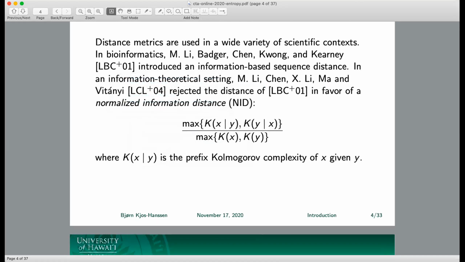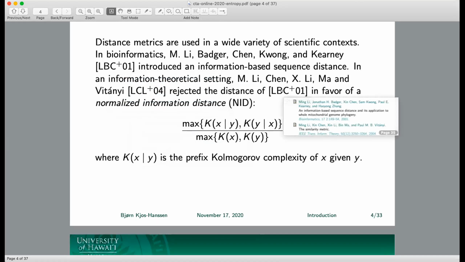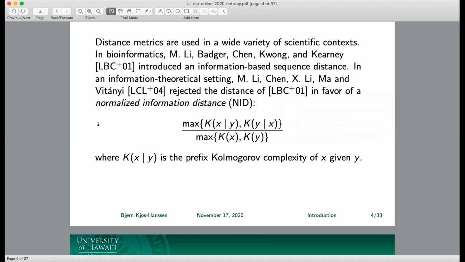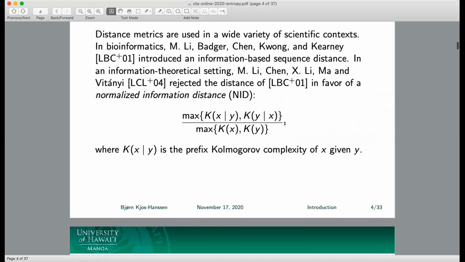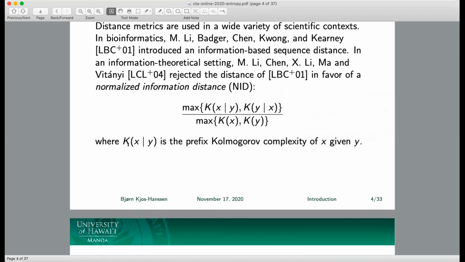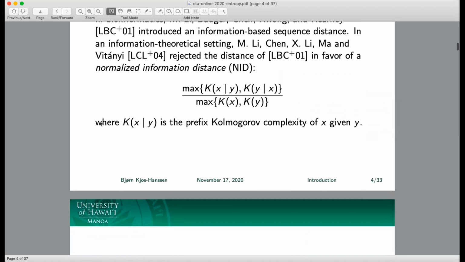Then there is a more familiar paper by Chen, Li, Ma, and Vitanyi called the similarity metric, where they measure distance between finite strings with this function: the maximum of the conditional Kolmogorov complexity of x given y and the other way around. They normalize it to have maximum 1 by dividing by the maximum of the two Kolmogorov complexities. It's the prefix-free Kolmogorov complexity, although I don't think it matters.